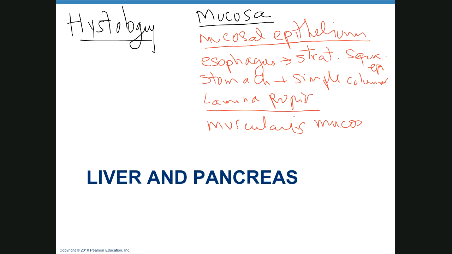Okay. The next layer of tissue was the submucosa. And the submucosa consisted mainly of connective tissue. Depending on the location, there might be glands that secrete mucus, there might be Peyer's patches from the lymphatic system.